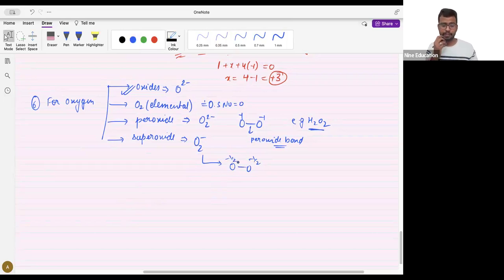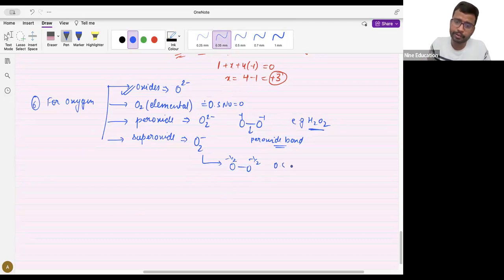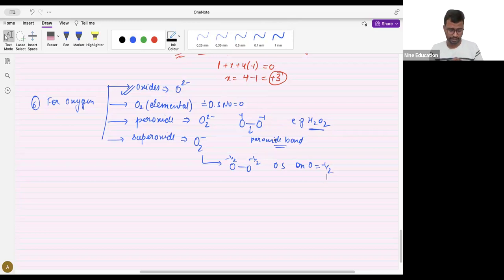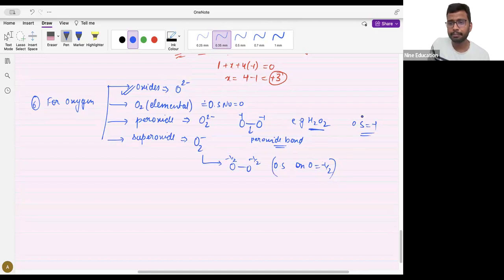So if someone asks, the oxidation state on oxygen will be -1/2. Here the oxidation state is -1 in peroxide and -1/2 in superoxide.